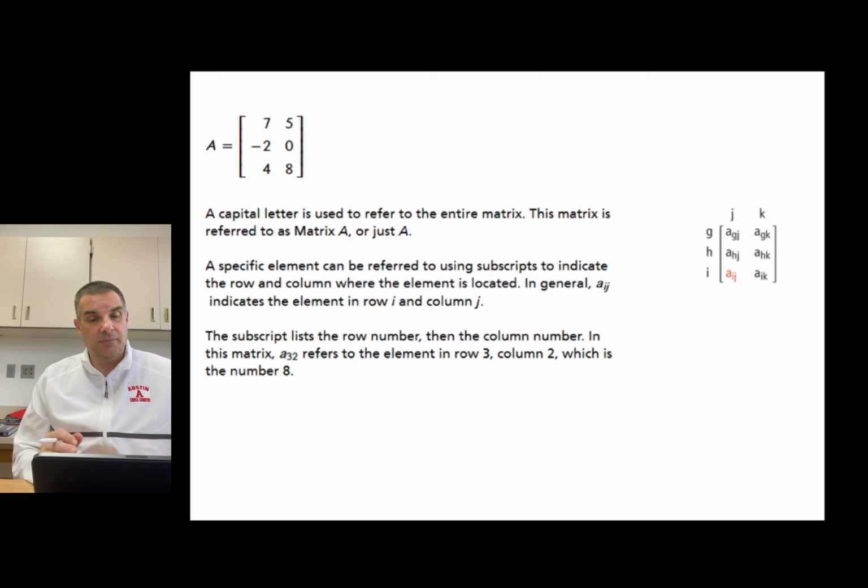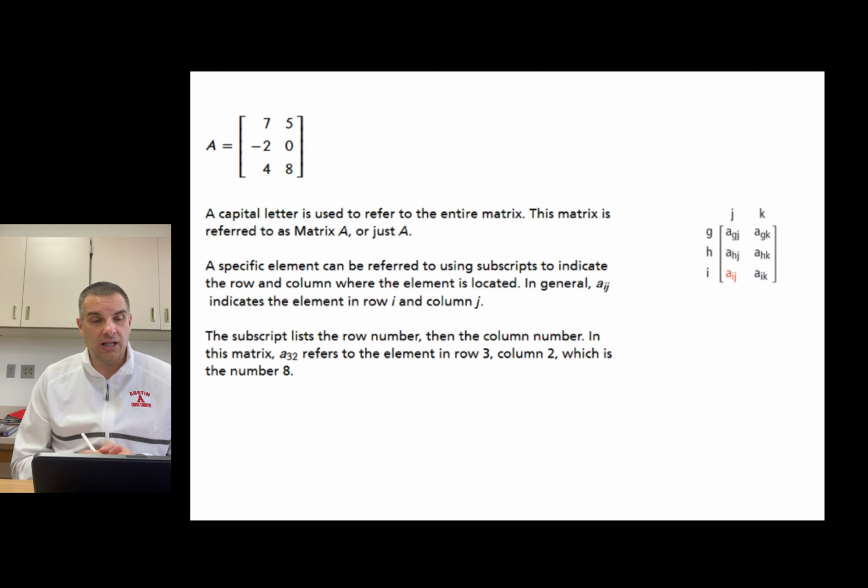Okay, so let's look at a couple other things with matrices and how they are done. Matrices are generally named with a capital letter. So we'd call this matrix A, or just A. It has 3 rows and 2 columns, so this would be a 3 by 2 matrix.